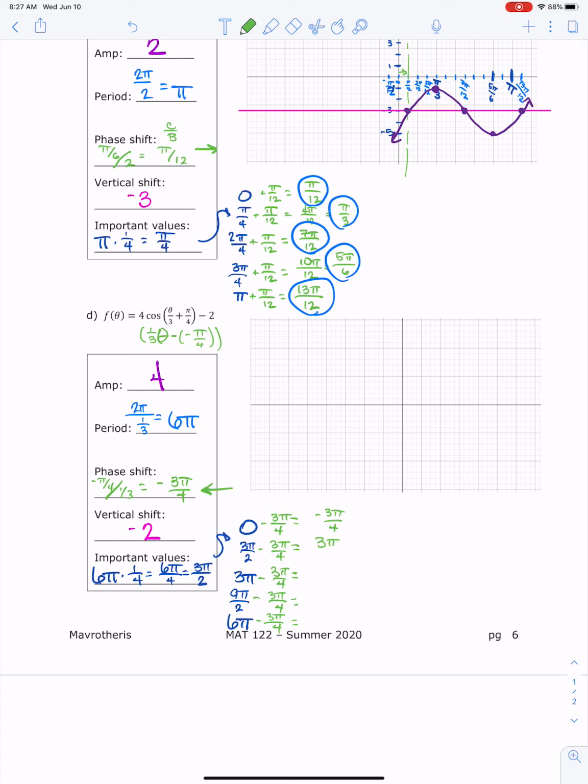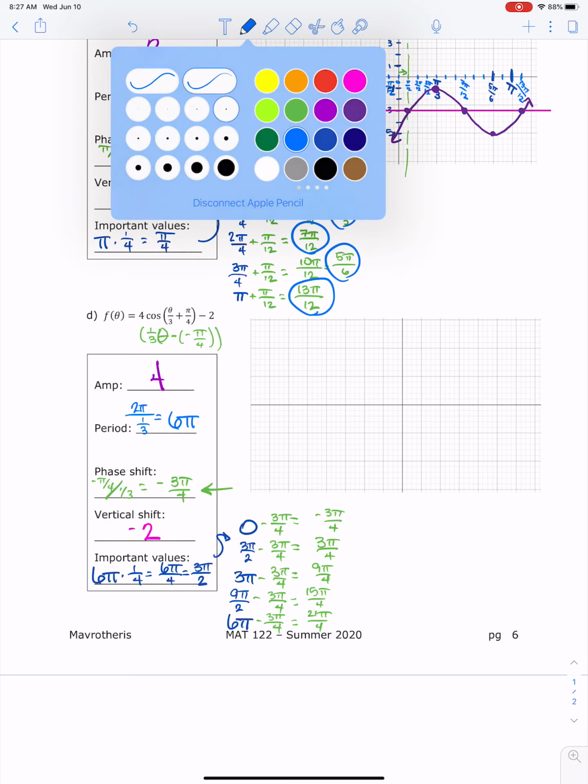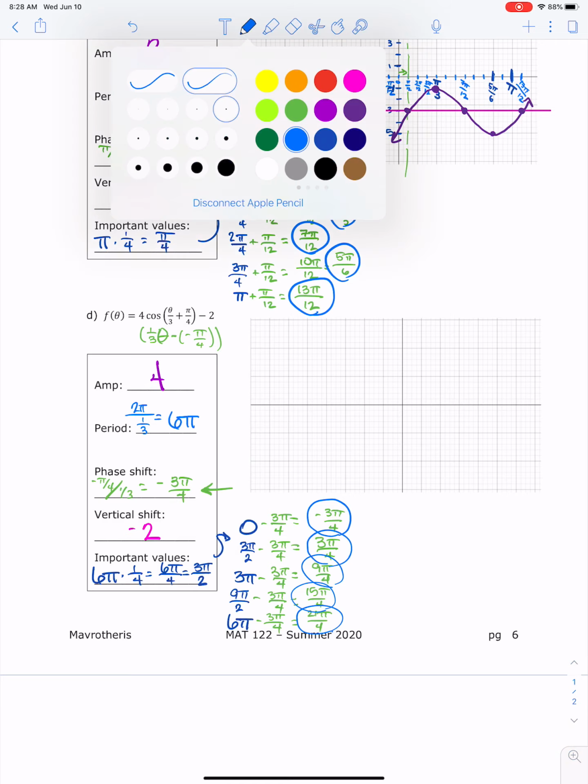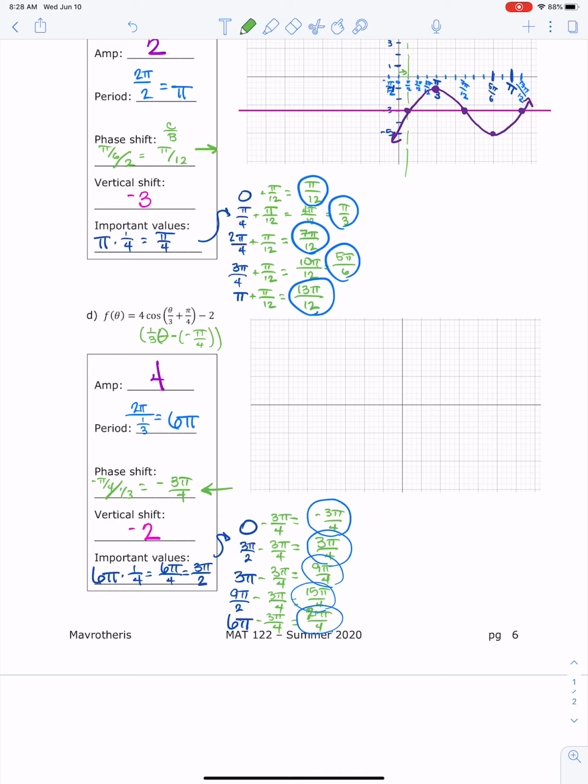So this one is 3 pi over 4, positive. 12 pi over 4 minus 3 pi over 4 is 9 pi over 4. 18 pi over 4 minus 3 pi over 4 gives me a 15 pi over 4. And 24 pi over 4 minus 3 pi over 4 gives me a 21 pi over 4. I am going to go ahead and circle the values that I want because it's really easy to get your numbers confused. This is a 21.